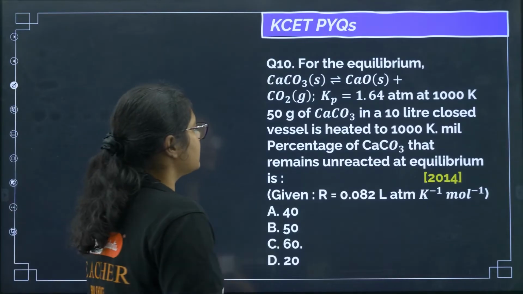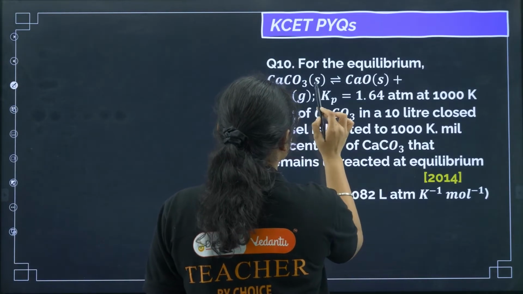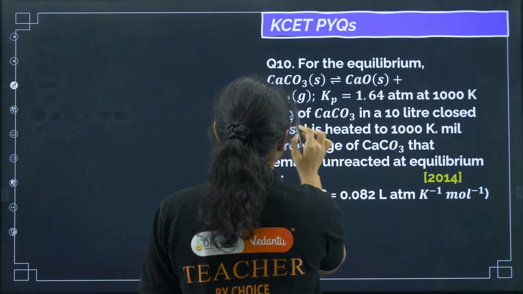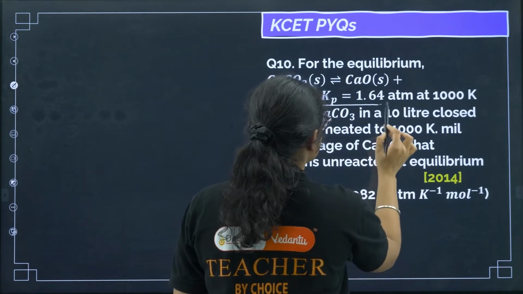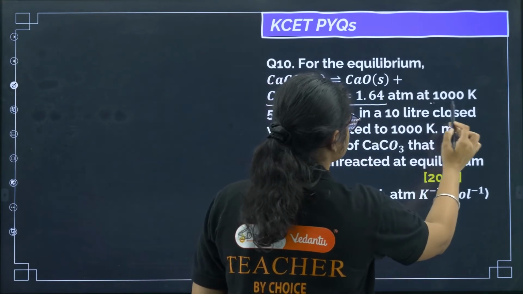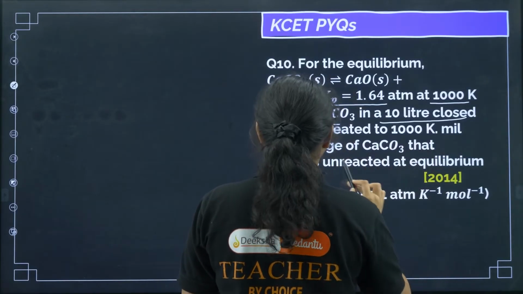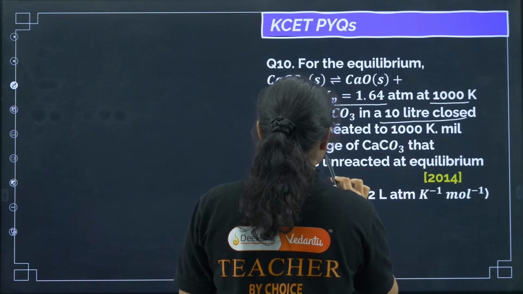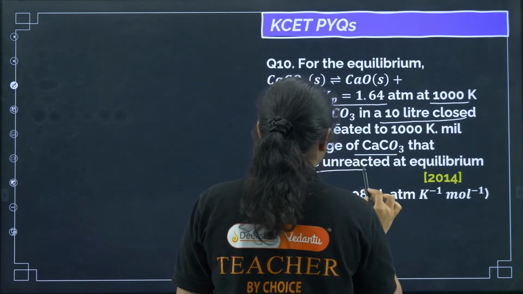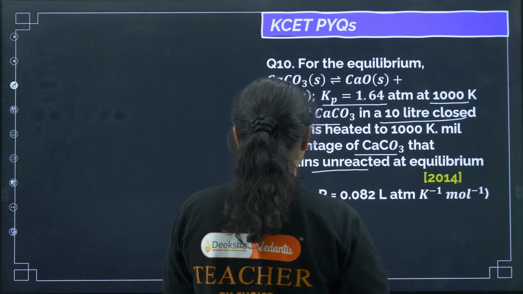Okay, next, for the equilibrium, CaCO3 gives CaO solid plus carbon dioxide gas. Kp is 1.64 atm at 1000 Kelvin. 50 gram of calcium carbonate in a 10 liter closed vessel is heated to 1000 Kelvin. Find the percentage of CaCO3 that remains unreacted at equilibrium.